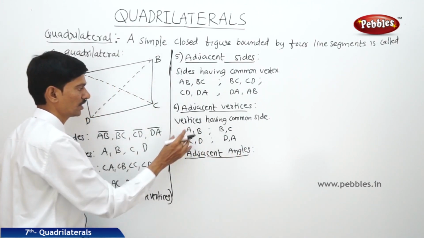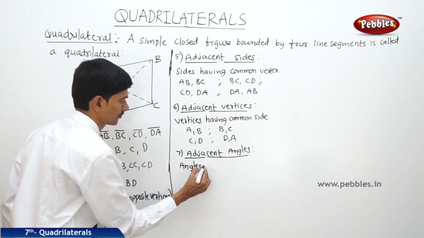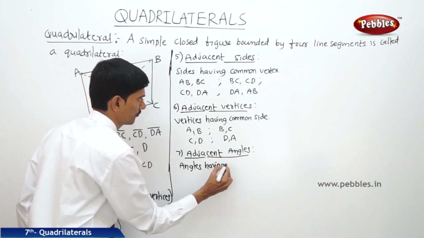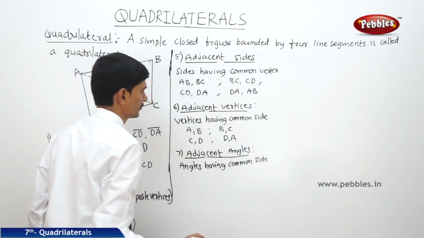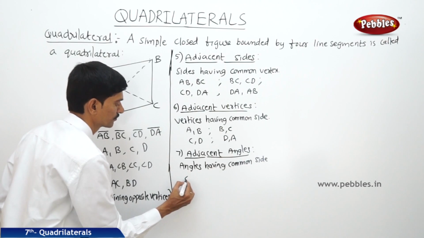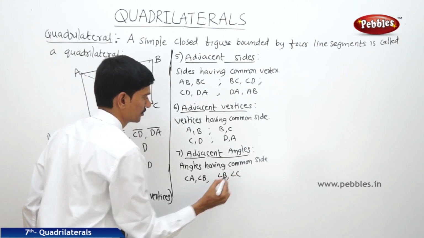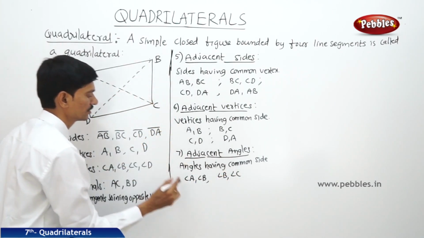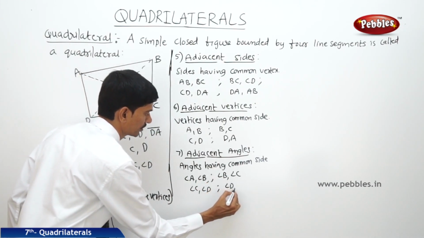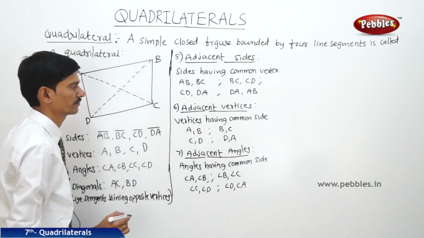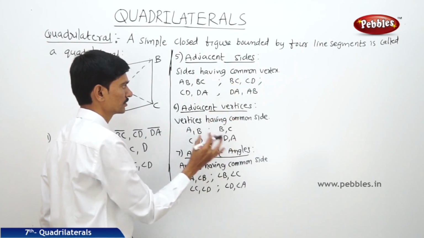Adjacent angles means same as the adjacent vertices: angles having a common side. So angle A, angle B; angle B, angle C; angle C, angle D; angle D, angle A. So these are the four pairs of adjacent sides, adjacent vertices and adjacent angles.